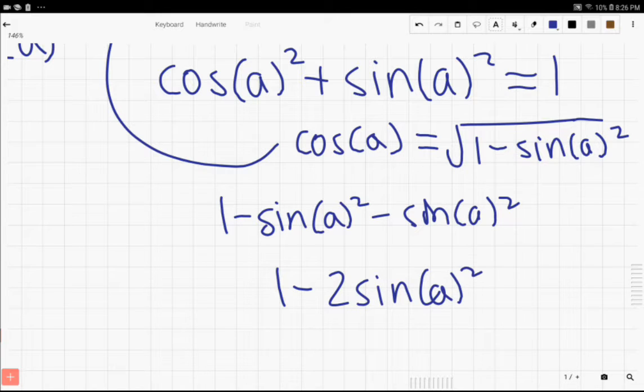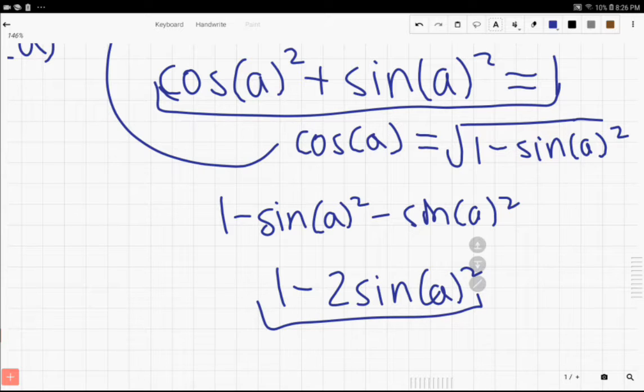And we can also do the same with sine by solving for sine in this equation and then plugging into any one of the equations. So as you can see, we can write each of these identities in different ways depending on what situation we're in. For example, if we're only given sine of A, then we would use this identity.